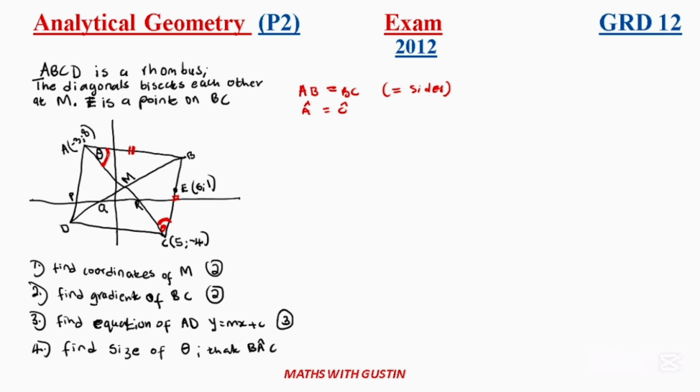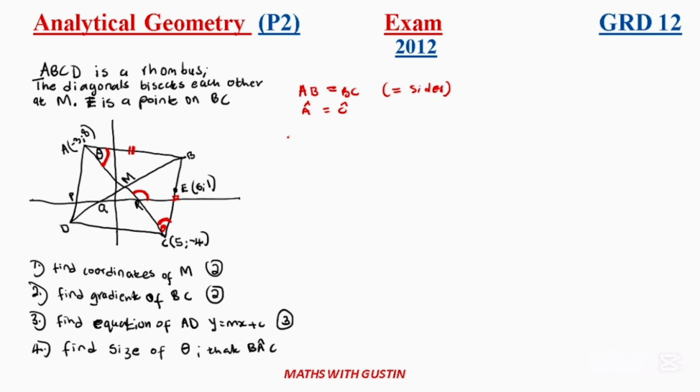So therefore, guys, do we have the gradient of AC so that we are able to get the angle of inclination, which is this angle here? Do we have the gradient of AC? We don't, so let's go ahead and look for the gradient of AC.